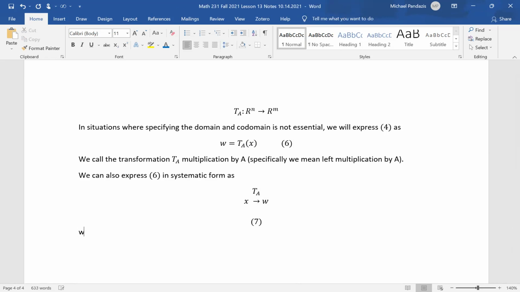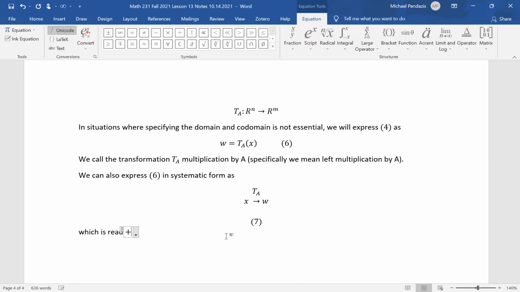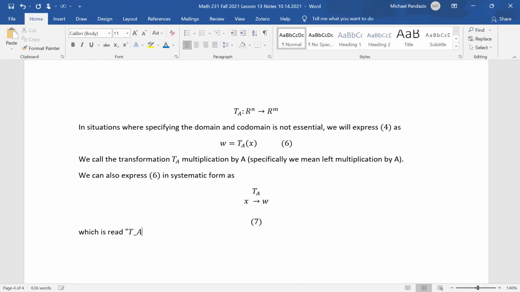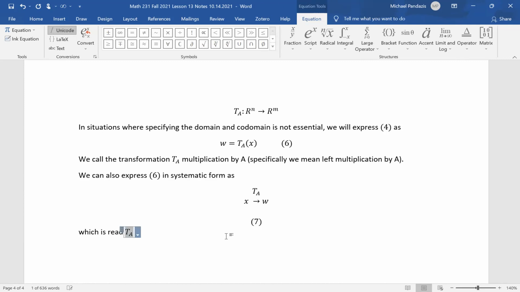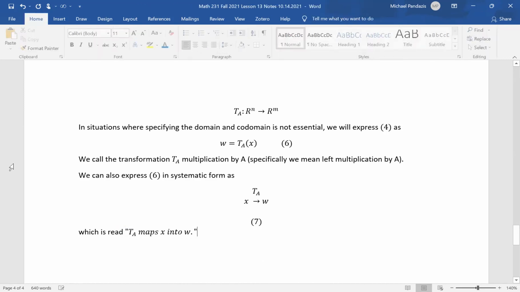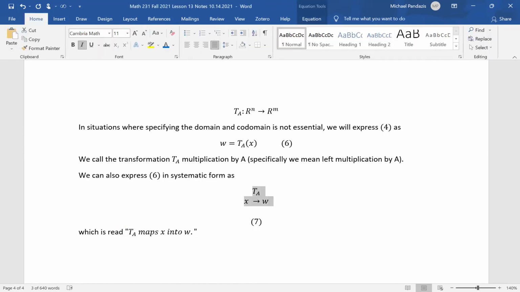So what this is read as is: T sub A maps X into W.